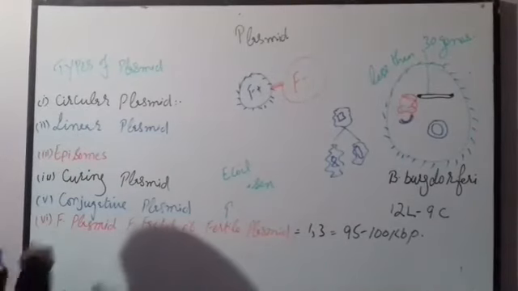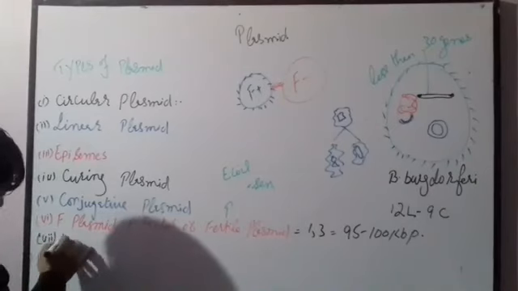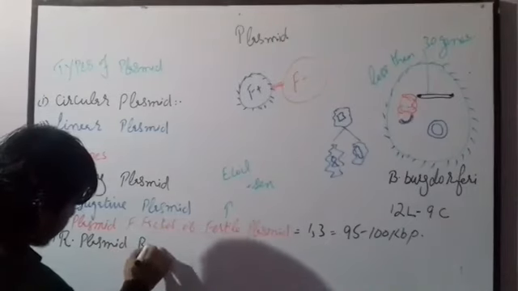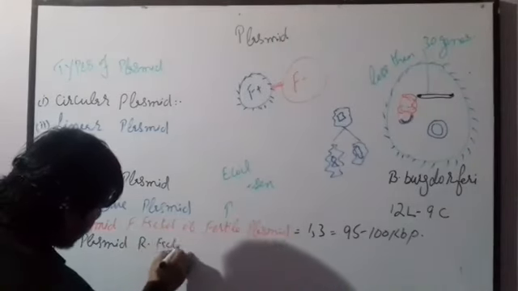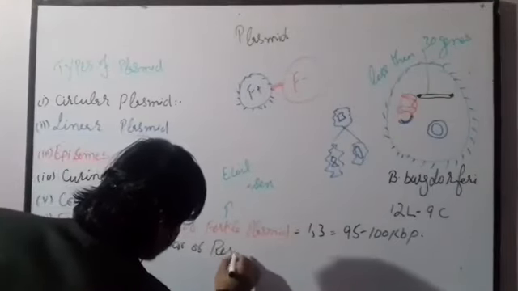Next we have another plasmid, that's the R plasmid, or we can say R factor, or we can also call it the resistance plasmid.